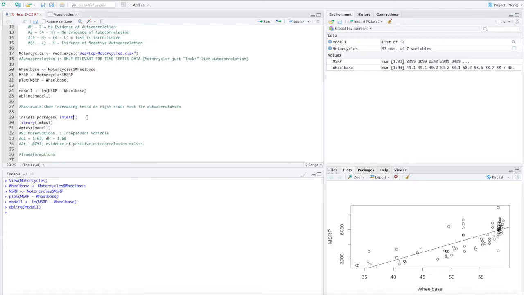And again, you only run this first command if you've never run a Durbin-Watson test before, because R needs to go and install the packages needed to run a Durbin-Watson test, as it doesn't come standard with R. So once you hit run, it's going to install the packages needed to run the lmtest.